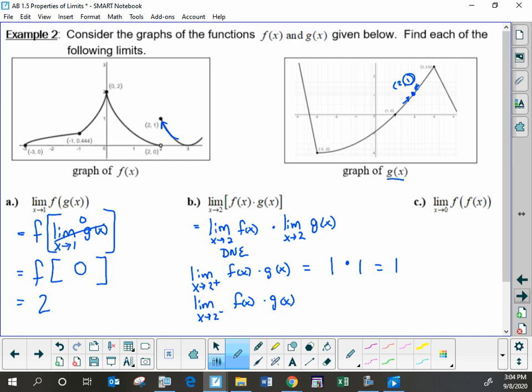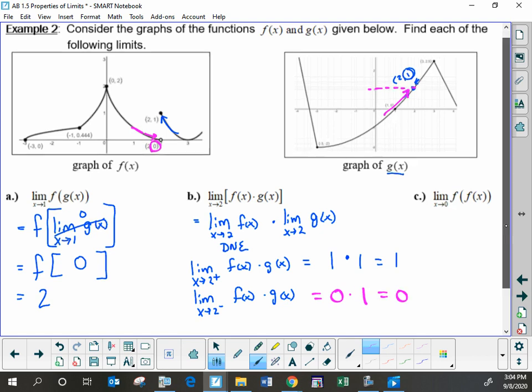Now what about the left side? The left side, I'm coming into 2 from the left, I get a height of 0. And 2 from the left side on the g of x, I still am at a height of 1. So I get 0.